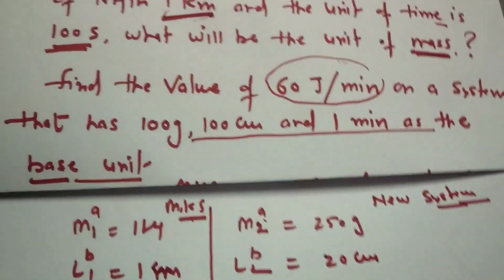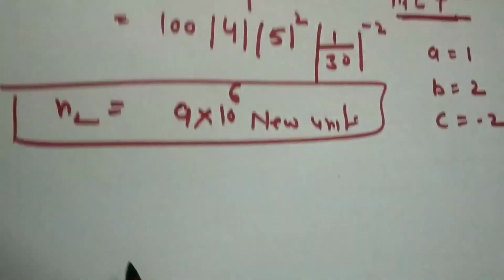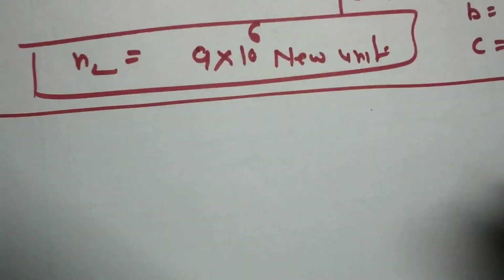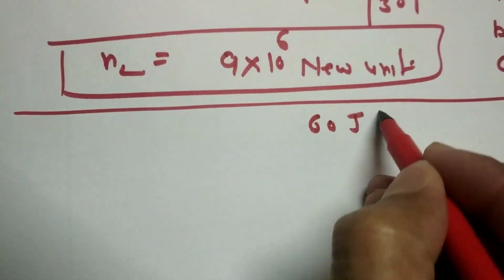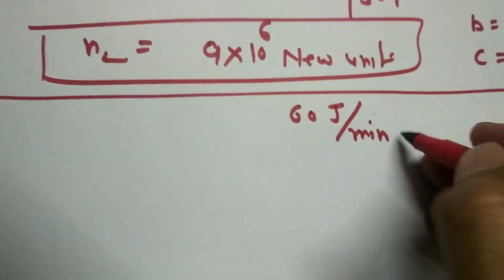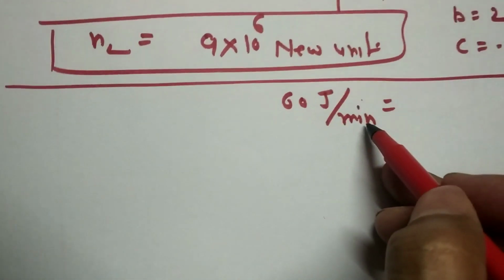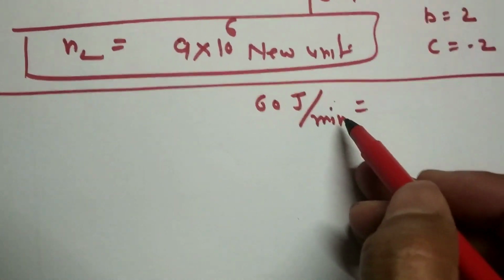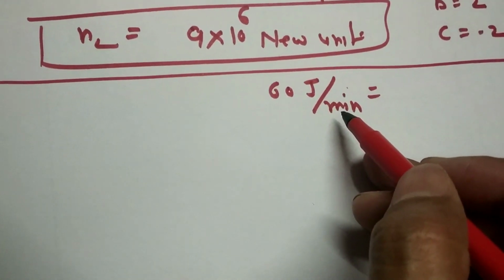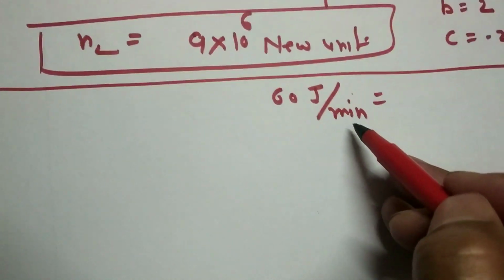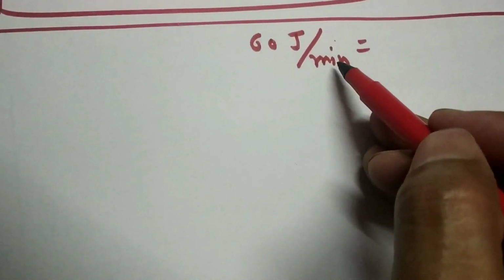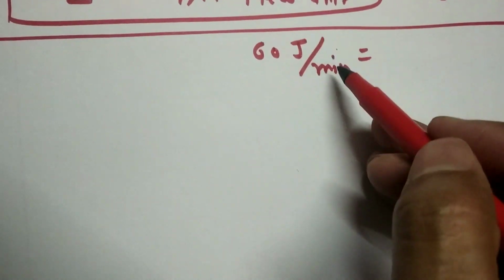First of all, we will simplify. What is 60 joule per minute? Joule per minute means work upon time: joule is the unit of work, minute is the unit of time.